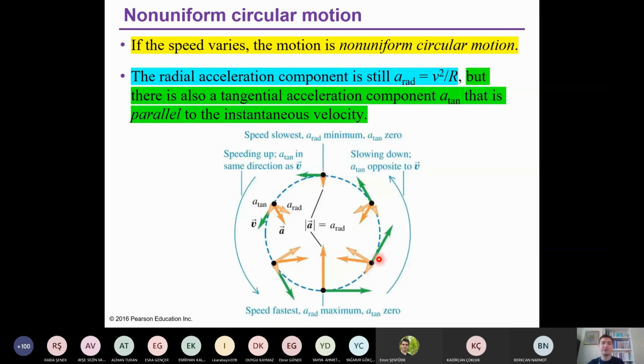So the car is slowing down, or the particle is slowing down, okay? So these are the radial and tangential acceleration. Radial acceleration changes the direction of the velocity, and tangential acceleration increases or decreases the speed of the car. Do you have any question related to the non-uniform circular motion?